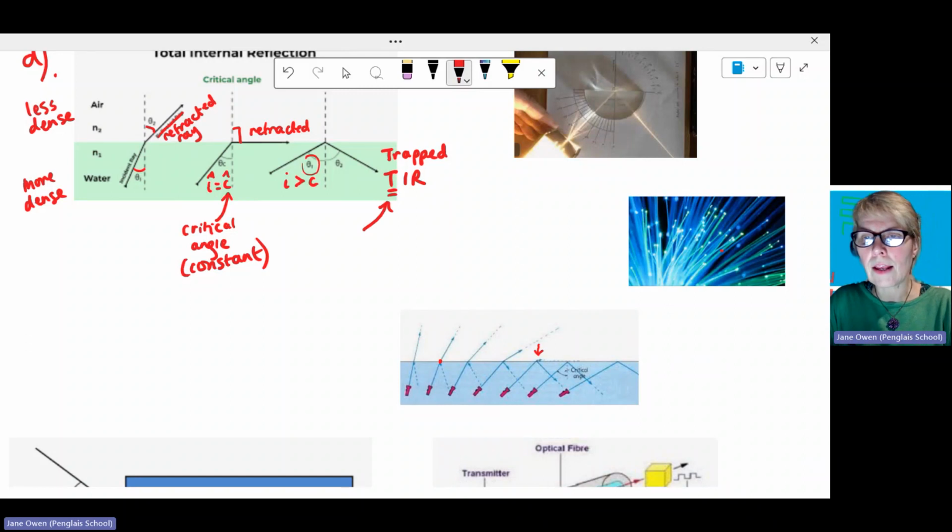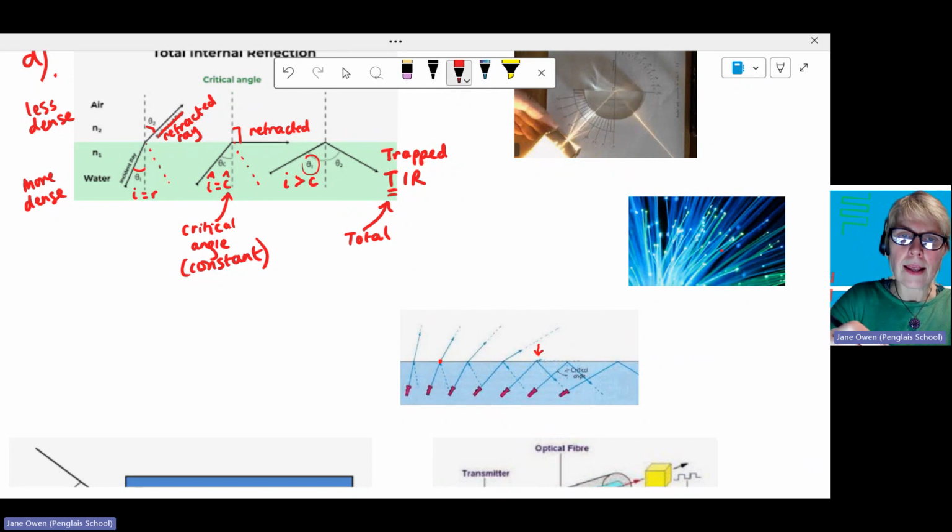We don't just say internal reflection or partial internal reflection, we say it's total. Whereas before, like here, there will be a little bit partially reflected, where the incident angle is equal to the reflected angle, I equals R here. But here, this refracted angle will always be bigger.